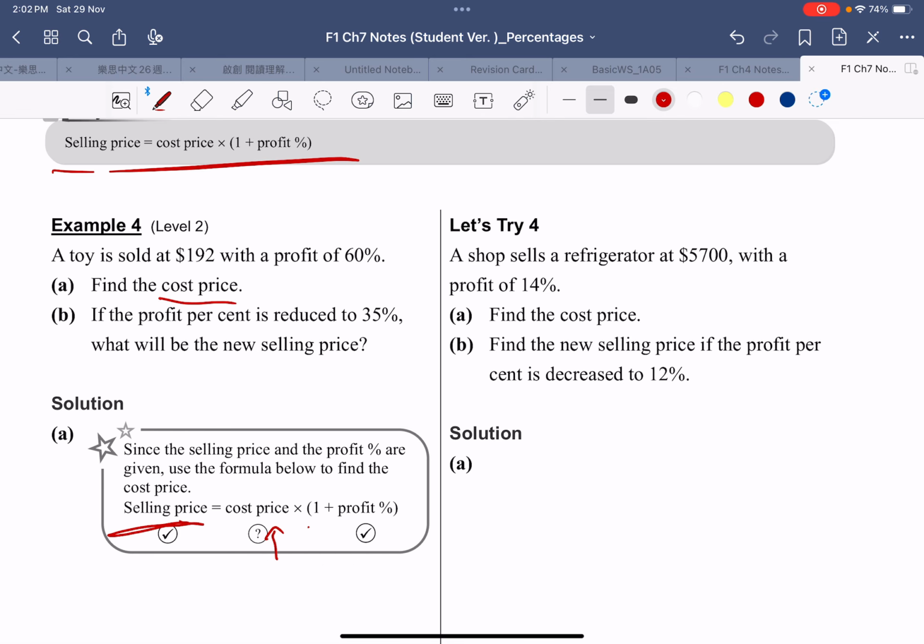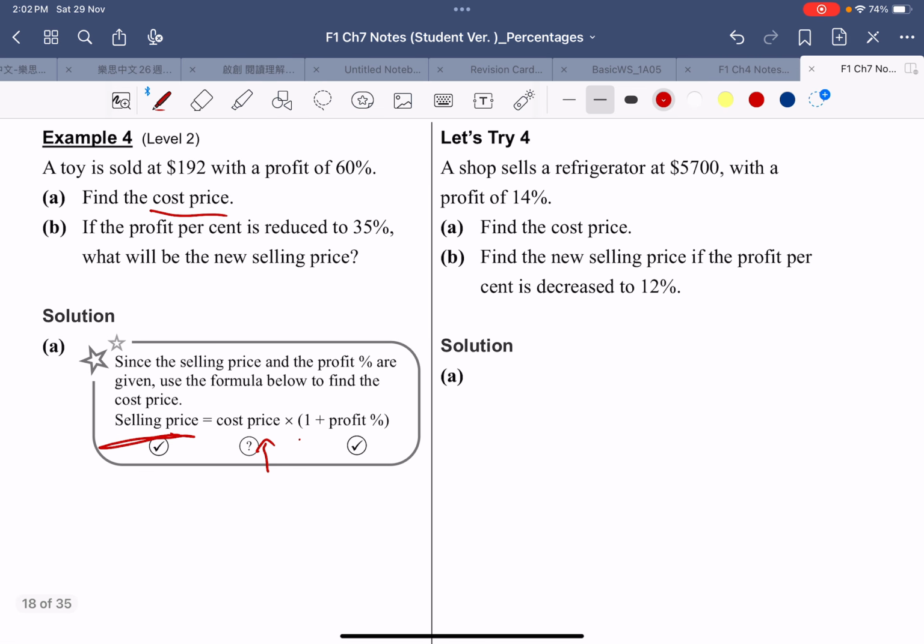Of course, if your maths is good, you don't need to let something. You use the selling price divided by this bracket, and then you can get the cost.